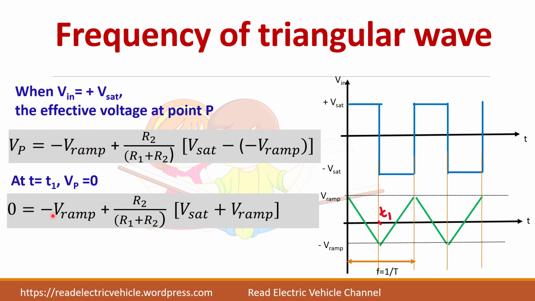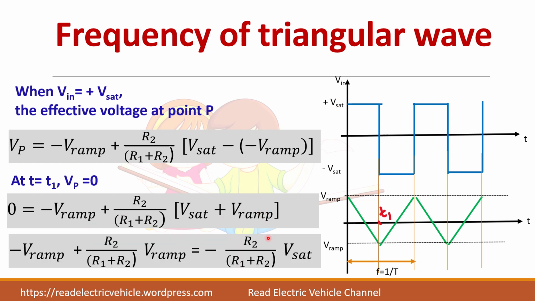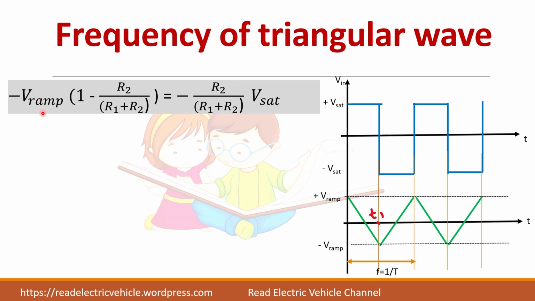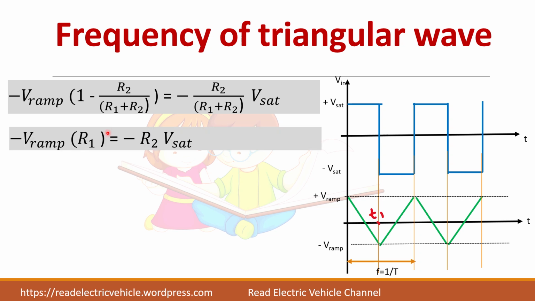So it becomes minus V ramp plus this term. Simplify this one. Bring V ramp to one side and Vsat on the other side. It will become R1 plus R2 minus R2, so R2 will get cancelled.